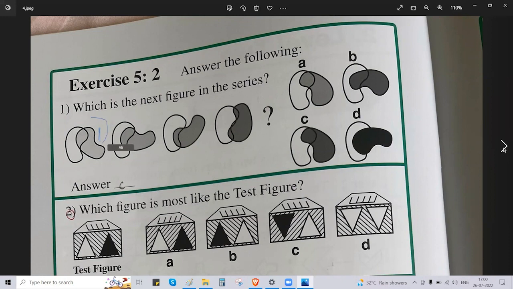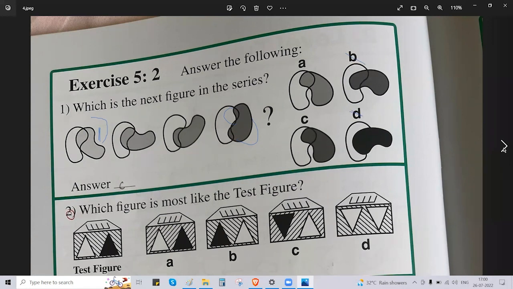Since it is rotated this way, the next one should be the shape linking like this, and the rest of the shape just being like this, if that makes sense. And one is like that, so we can already eliminate B because that's not right, and also D because you can't see the linkage. So now we have A and C options.